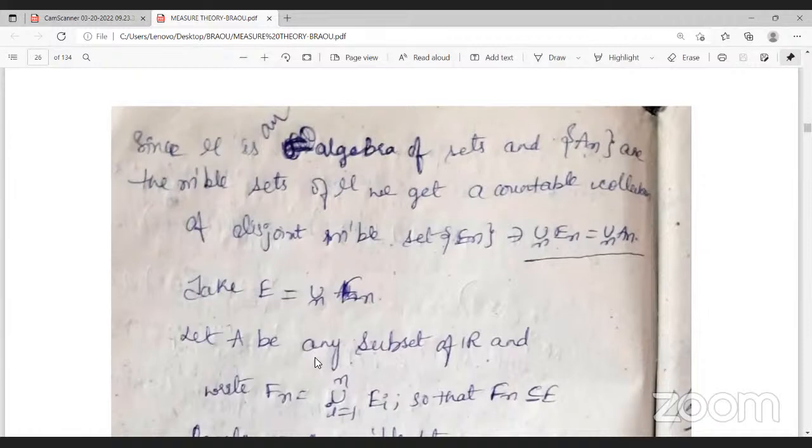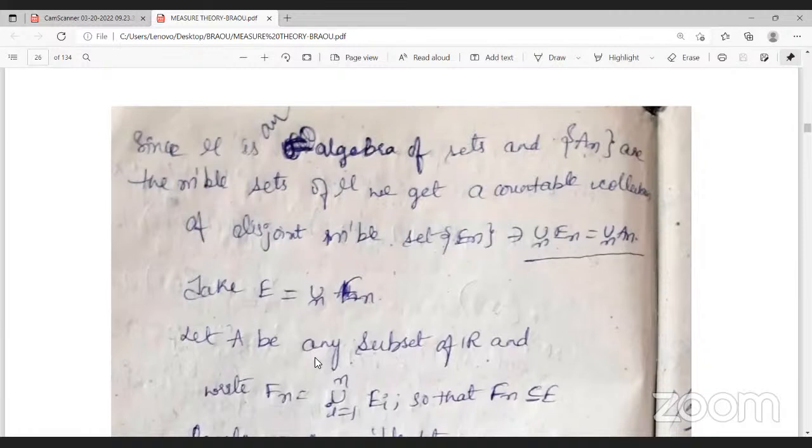Now next, theorem 3.25. Write down the theorem statement. Statement: let En be a decreasing sequence of measurable sets, and the measure of E1 is finite.